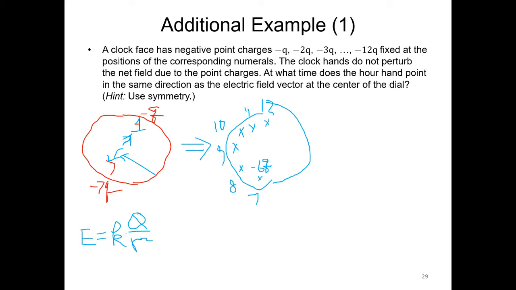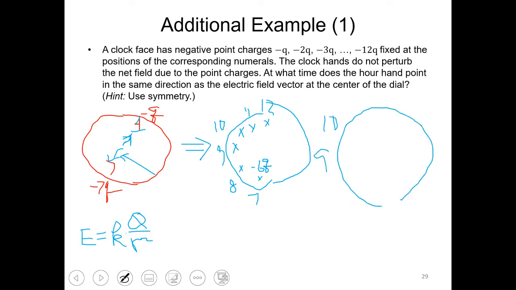So in this case, the E field should point to the direction which is between 9 and 10. Which means it should be 9:30.